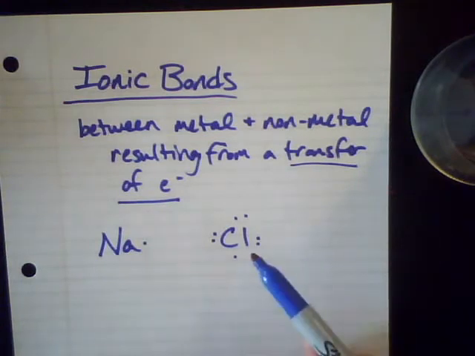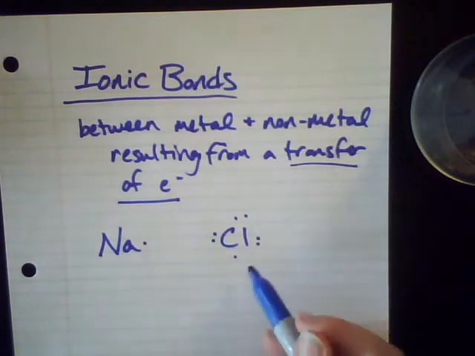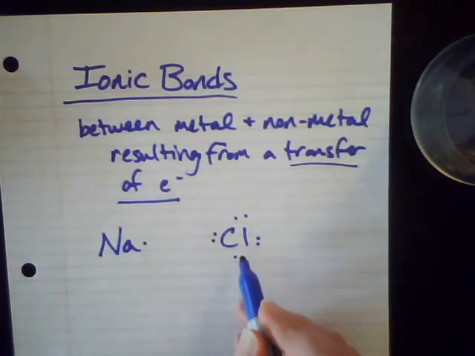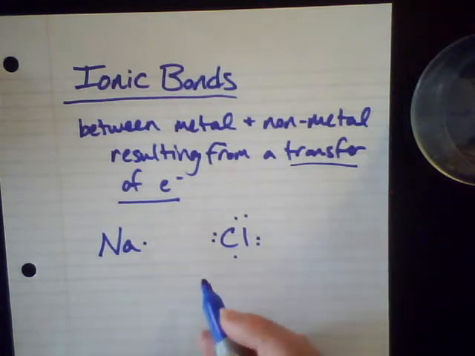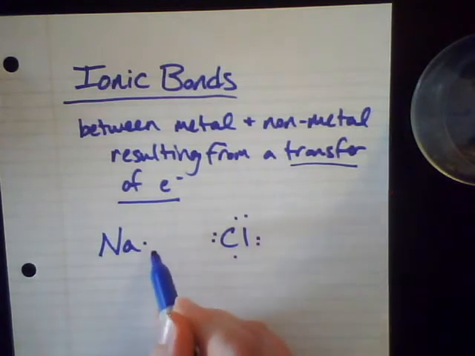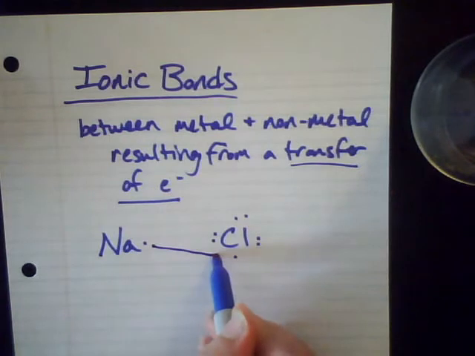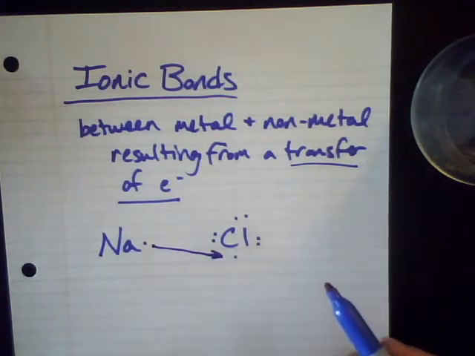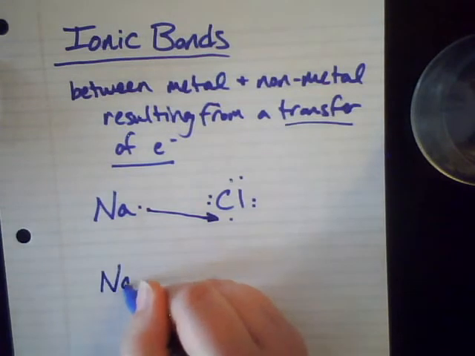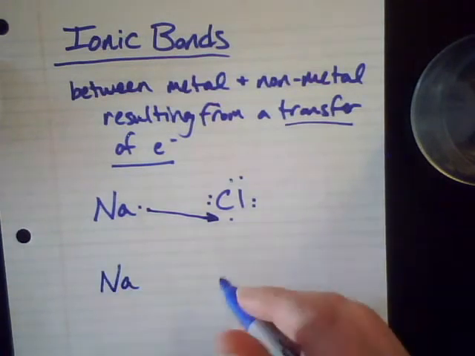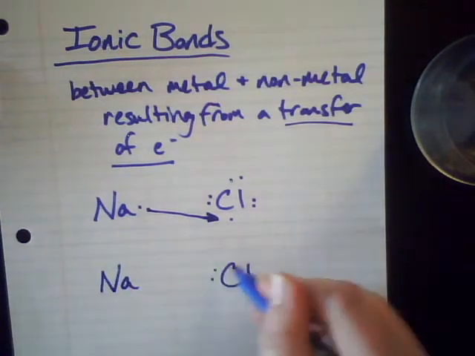If we have metals and nonmetals, then this chlorine is so much more electronegative than the sodium that it takes this one away. So this one is transferred from sodium to chlorine. And the resulting Lewis dot structure, if you will, is now sodium with no electron and chlorine with an extra one.